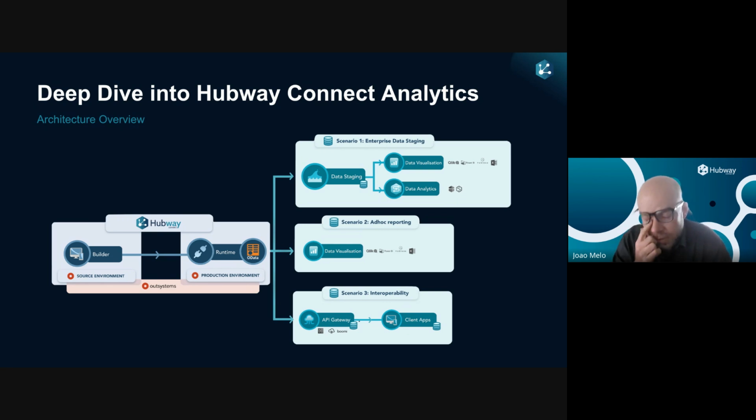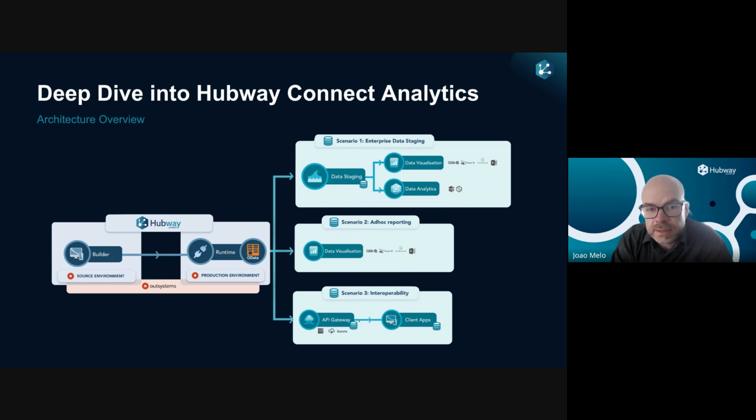We highlighted 3 scenarios here, which are the key use cases where we include Hubway Connect on. The scenario number 1 is an enterprise data staging scenario. That's normally important for when applications handle a high volume of data, or they need to handle enterprise scenarios, a complex portfolio, multiple applications as a source for a data staging pipeline.